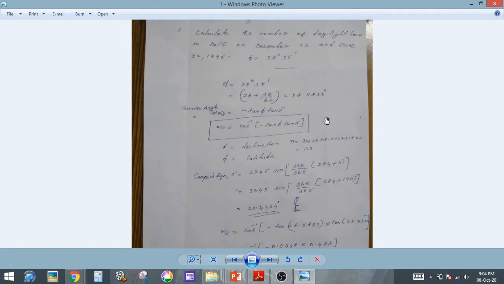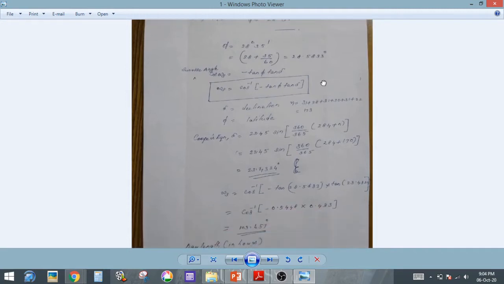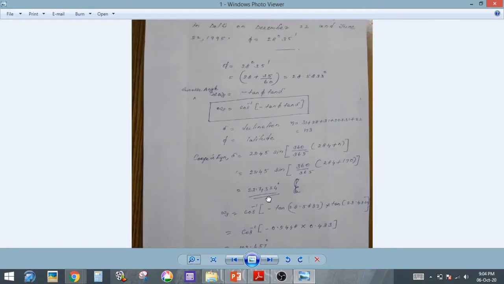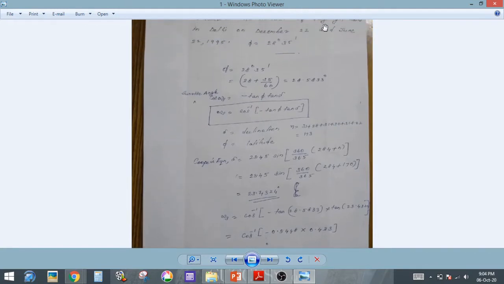here. First we have to calculate the number of daylight hours corresponding to December 22. Here in this problem, first we calculate the number of hours corresponding to June 22, 1995.